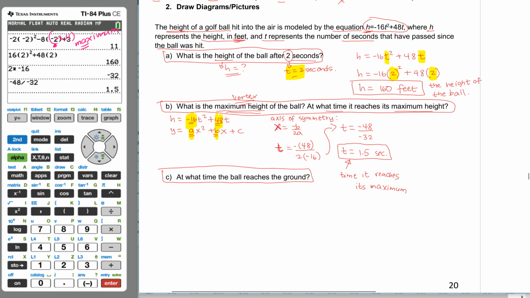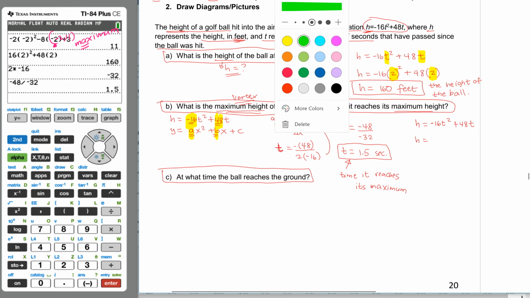Okay, now let's find the maximum height. So h equals, just copy the formula, negative 16t squared plus 48t.